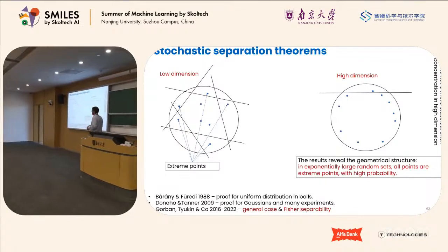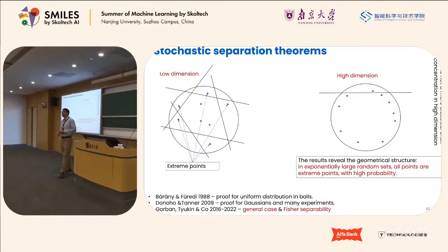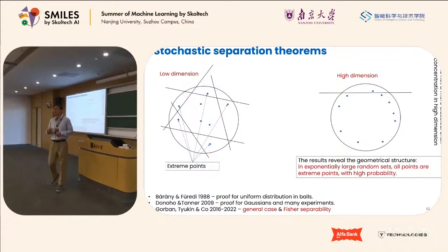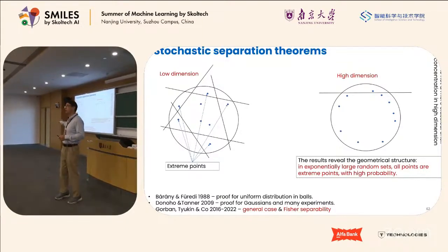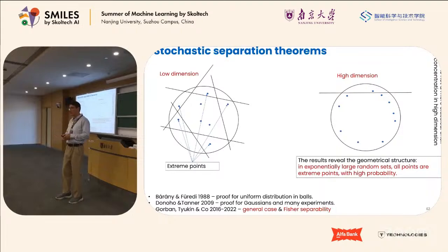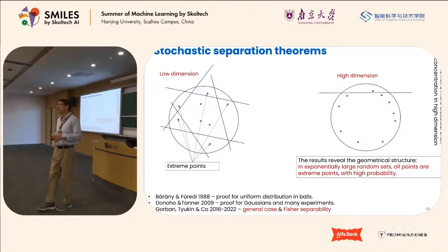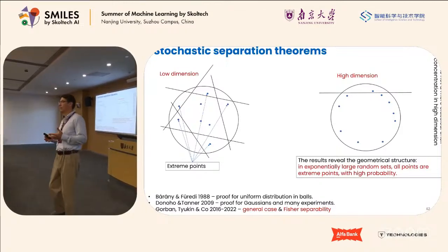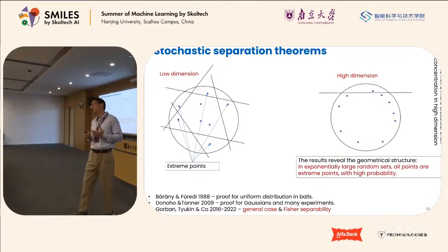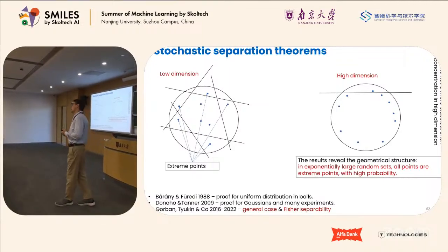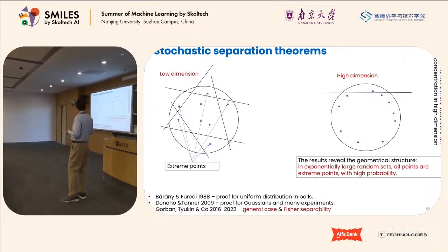I probably will focus on this one. Here is a geometric explanation of what's happening. If you take some random points in a two-dimensional ball, you'll see a messy picture, where some points are extreme points and some are not.